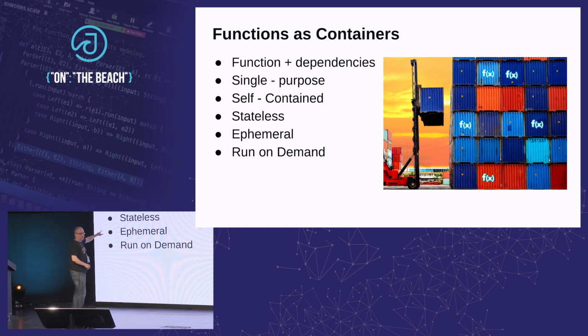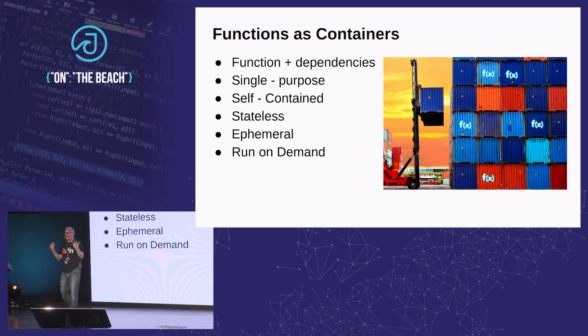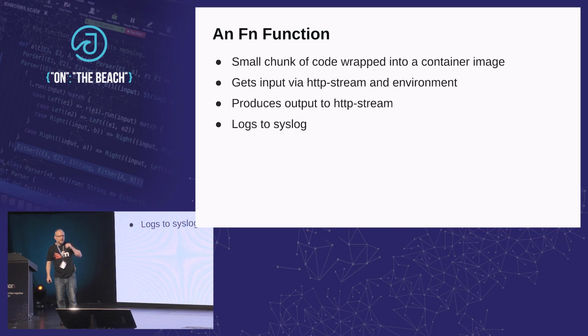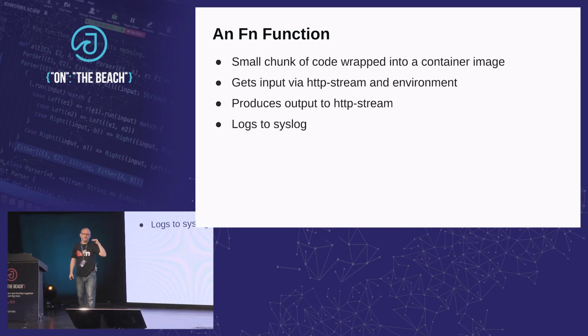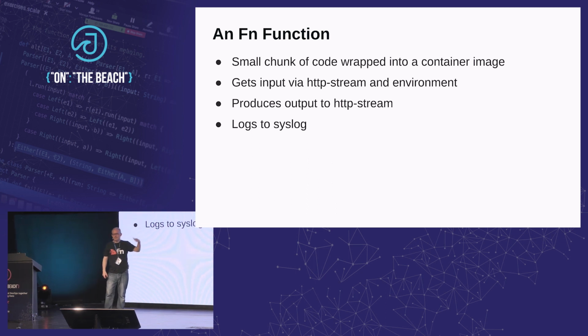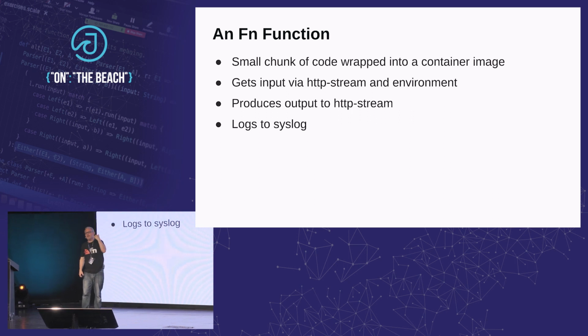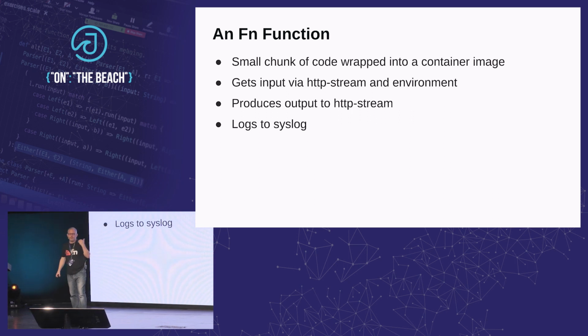Because these are ephemeral, they will be run on demand, they will exist while they're executing, and then they will go away. And so what your Fn function looks like is a small chunk of code. It's been wrapped into a container image. It takes its input from HTTP stream, which is basically HTTP over Unix sockets, and any environment variables that are set for that container. Writes back on HTTP stream, and it logs to syslog.